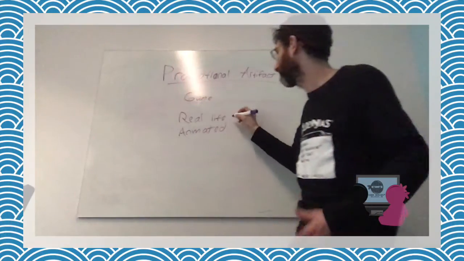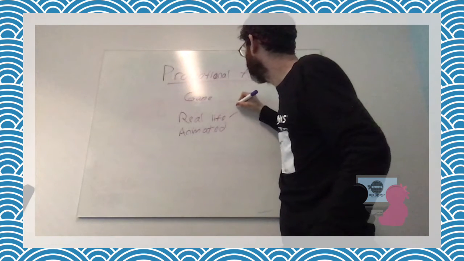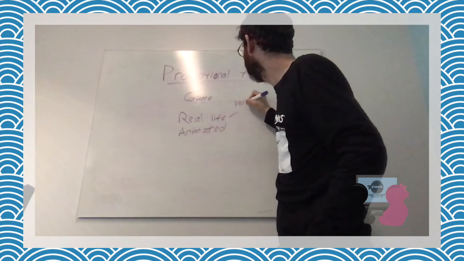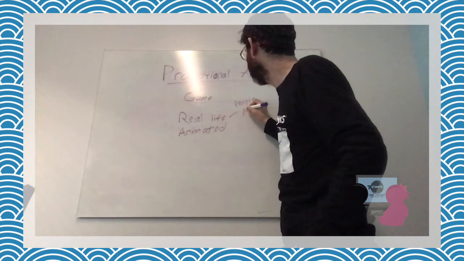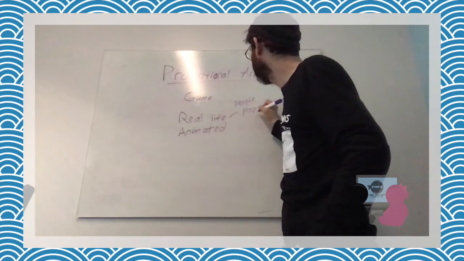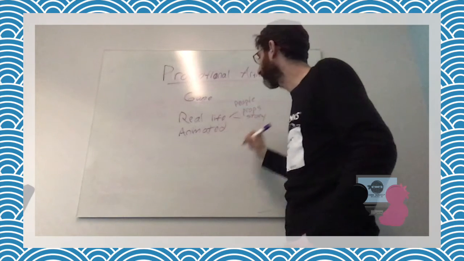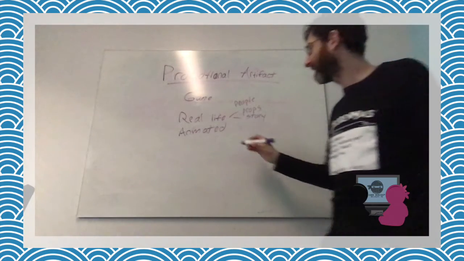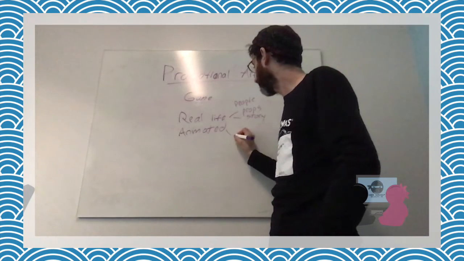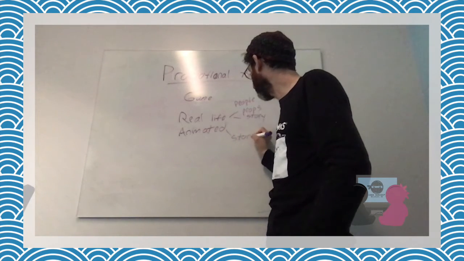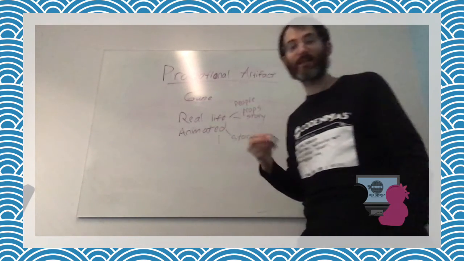Live or animated. So in real life, you're going to need people, props, and of course a story. With the animated, you're still going to need a story, but you also need some type of platform.